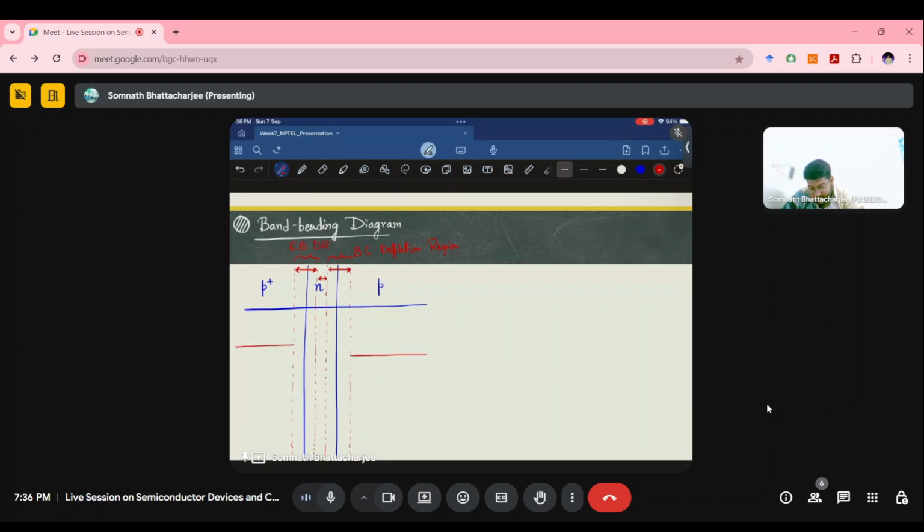And as this is an n-type doped one, let's say this is here, so the band bending will happen like this. And for the p-type case, it will look like this. So we'll have a basic difference between these as well. Also to mention that this is under equilibrium condition.